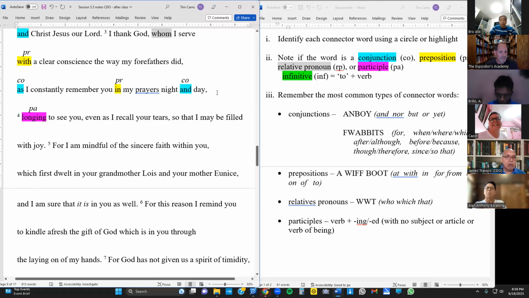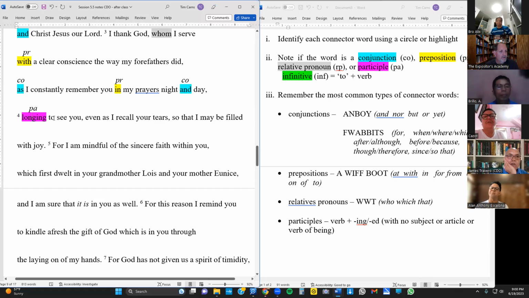No, it's followed by "day" and then a comma. Is there an article in front of it? No. Does it seem to have a subject? Don't see one that's obvious. So it seems to be a participle. That makes the most sense. All right, very good. Any others in this verse?